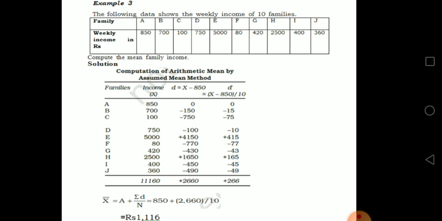So here we have 850 plus 2660 divided by 10. If we do that correctly, we are going to get our mean to be 1,116.